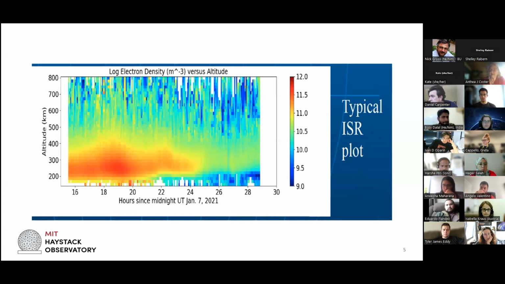I'm showing you this to show you a typical incoherent scatter data plot. This is electron density as a function of altitude. I think this was actually made at Millstone. And this is hours, so this is a function of time. What you can see, and why incoherent scatter is so great, is that you can measure the electron density as a function of altitude all the way up to 800, and you can see how it changes as a function of time.